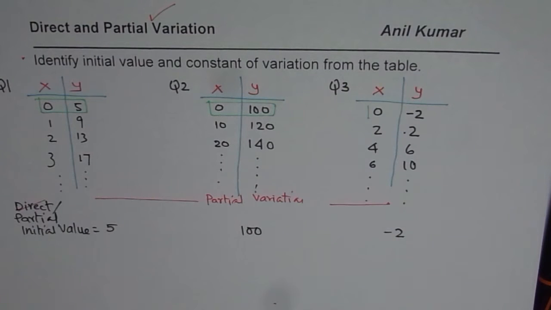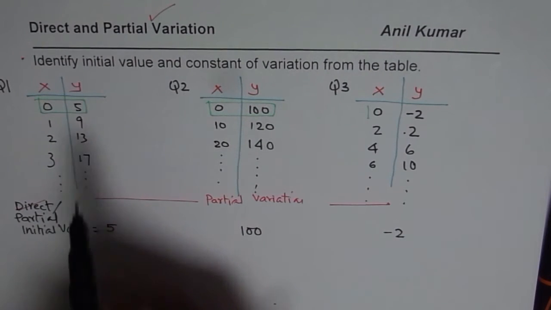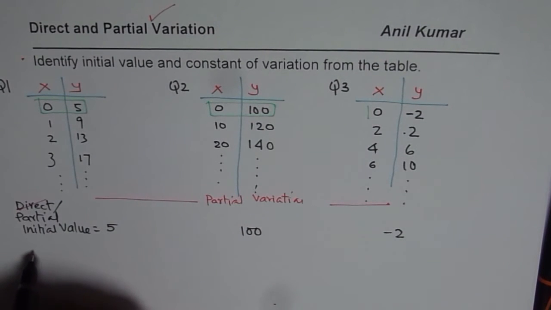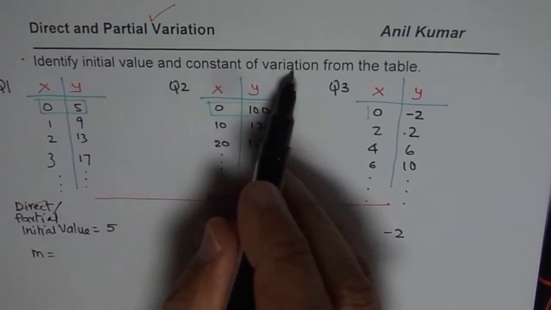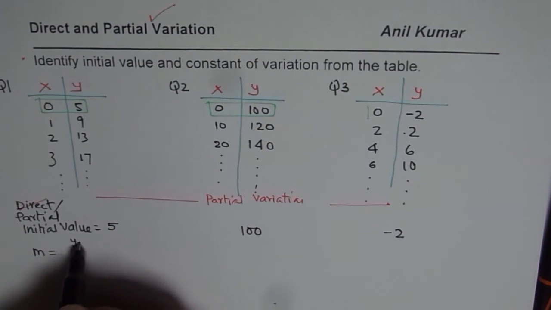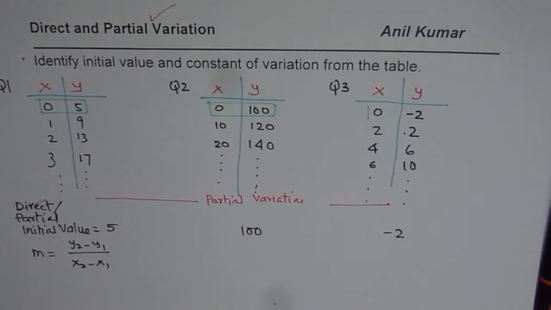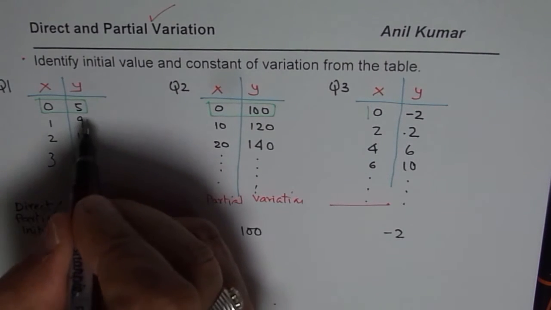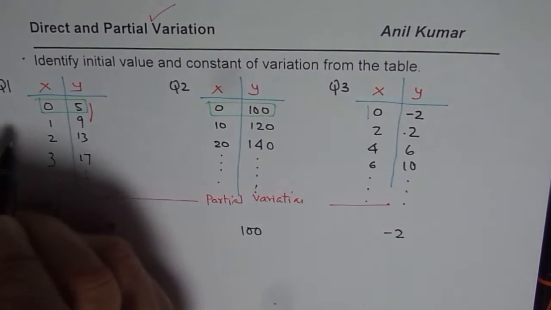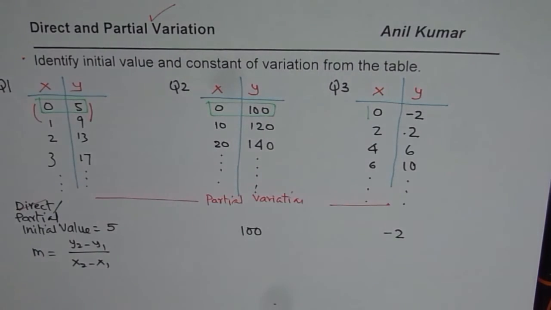Now how do you find that value? The best way to find that value is to use a relation saying m is my rate of change or constant of variation, and it is always y2 minus y1 divided by x2 minus x1. Basically what we are trying to do is we'll find the difference between these two numbers and divide by the difference between these two.